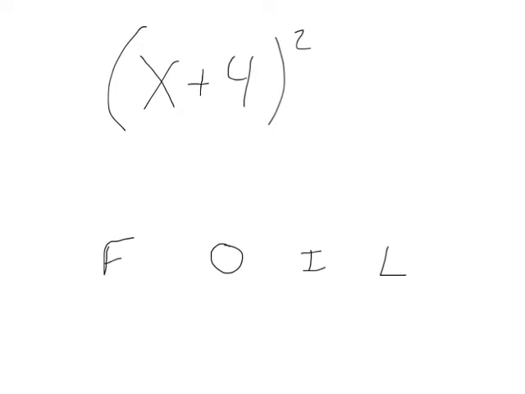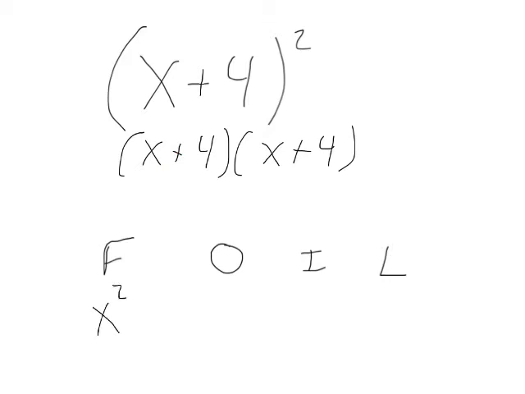Again, I see that this is (x plus 4) quantity squared, which to me means I have an x plus 4 multiplied to itself, x plus 4. Now, knowing what I know about FOIL, I'm going to take the first terms, x times x, which will give me x squared. I'll take the outside terms, x times 4, that will give me 4x.